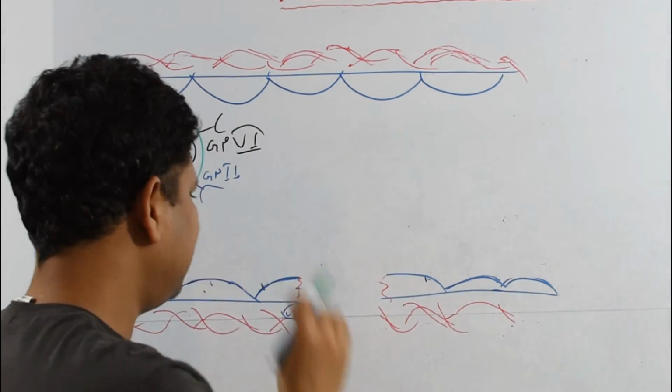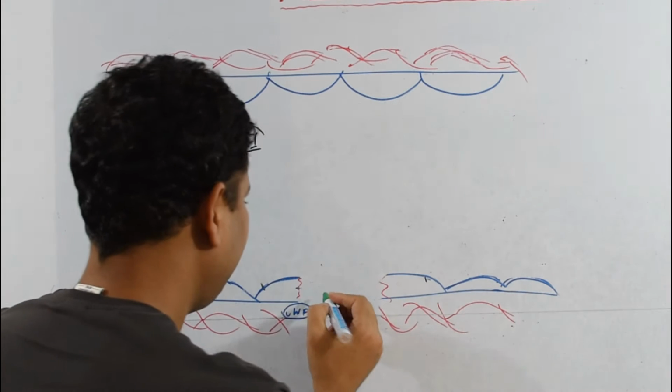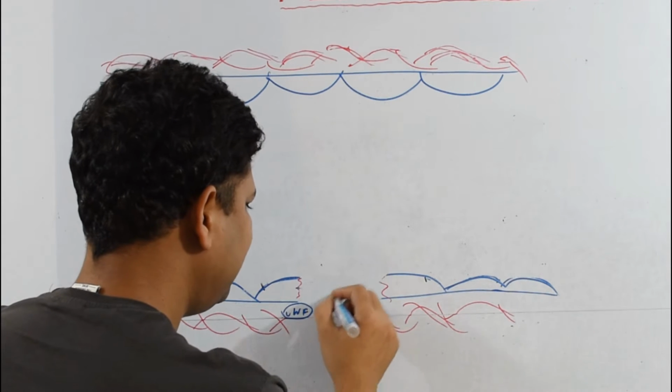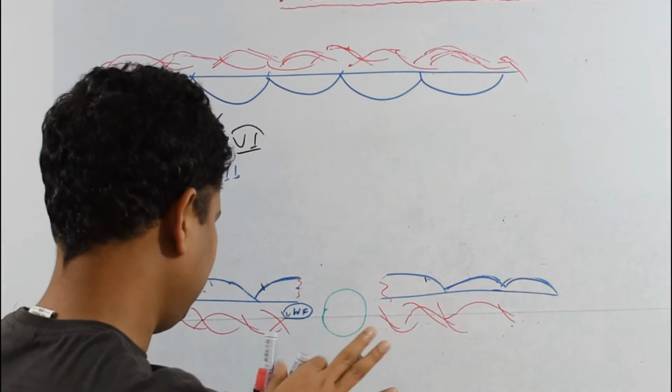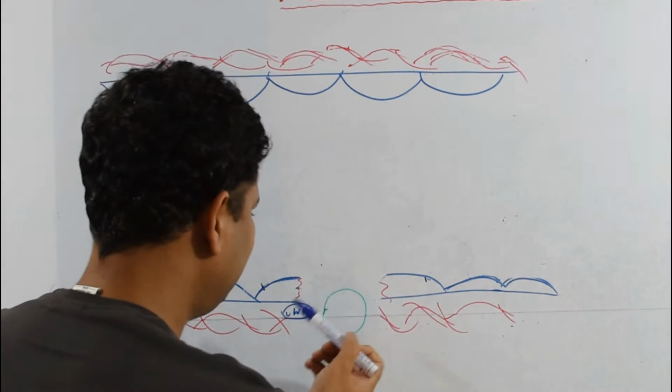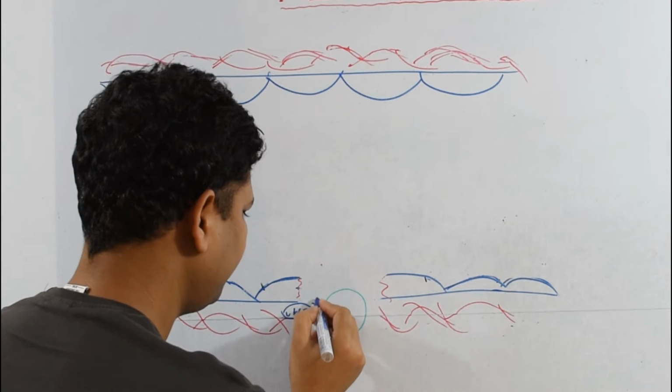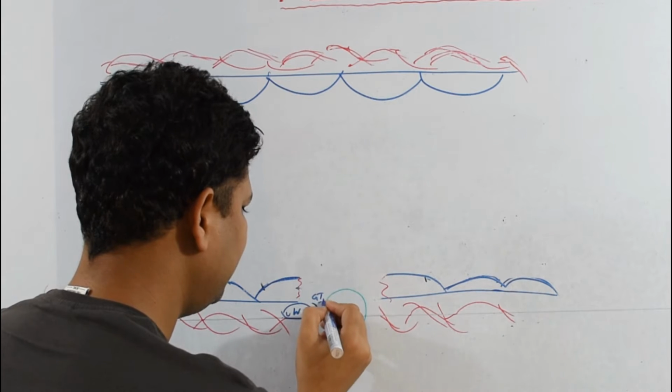That is why some of the receptors are active in platelet. So these platelets will bind to VWF. Which receptor binds to this VWF? GP1B.